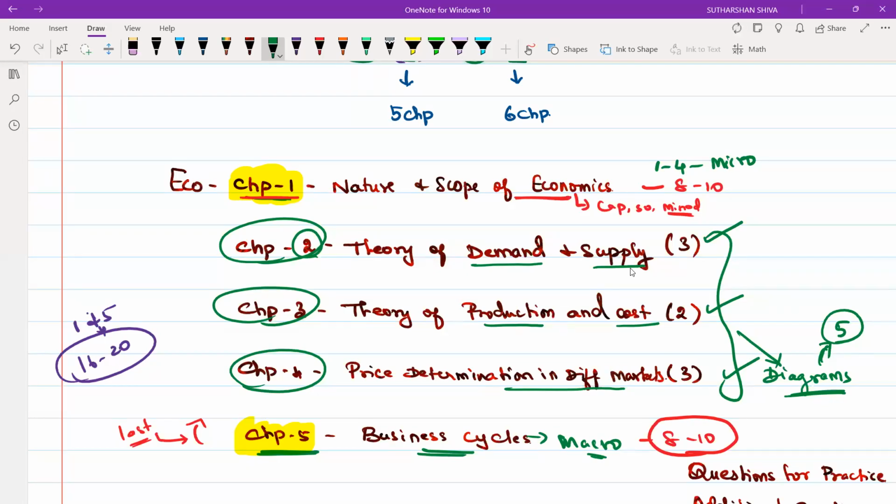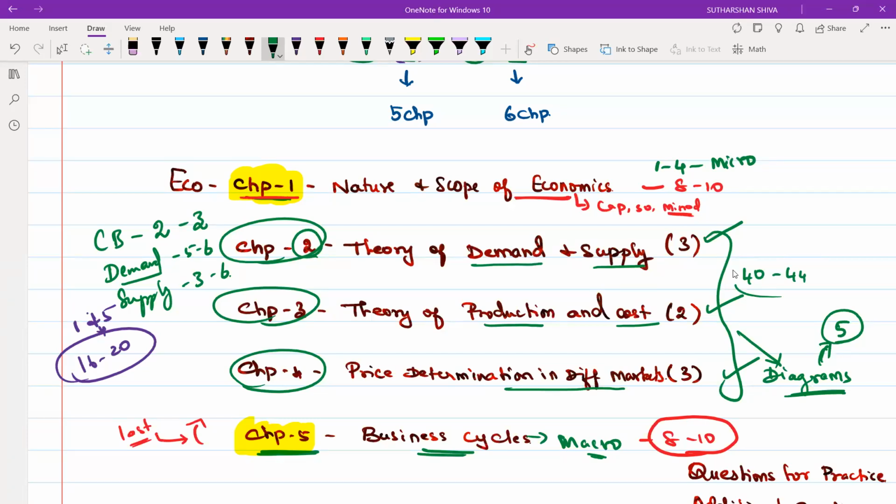From consumer behavior, you may get 2 questions. From demand, a minimum of 2 to 3 you may expect. When you go for demand and supply, you may expect 5 to 6 questions. For supply, you may again expect 3 to 6 questions. Basically, all these 3 units clubbed together will come for 40 to 44 marks.